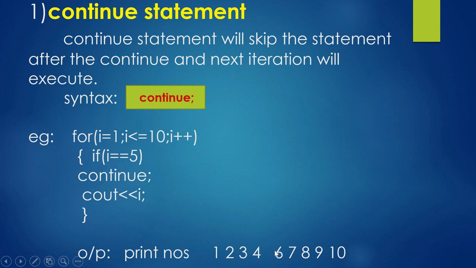Next iteration 6, so it will print 1, 2, 3, 4, 6, 7, 8, 9, 10. That is continue. In the continue statement, the statement after the continue will be skipped, then it will continue the iteration.